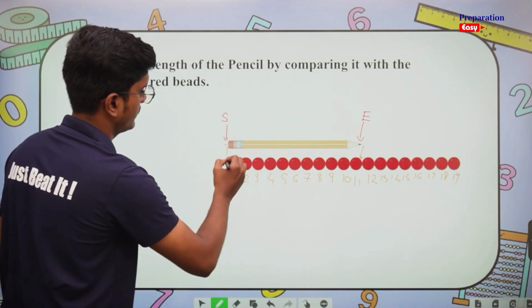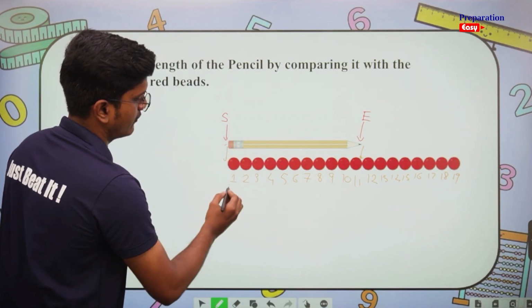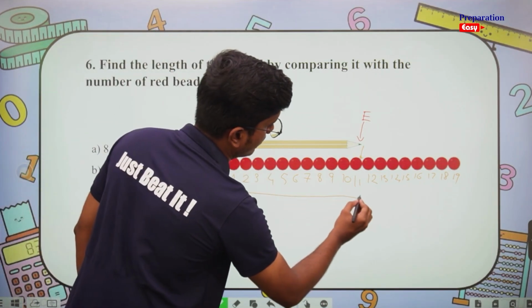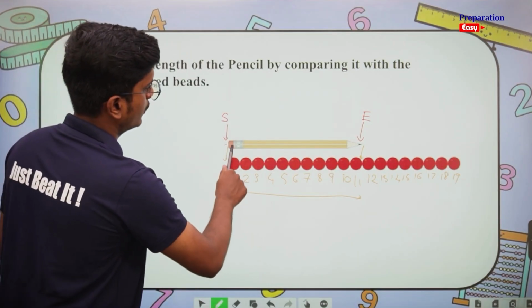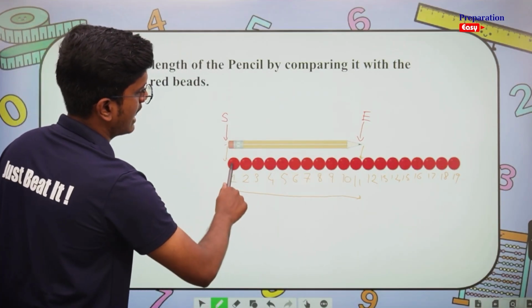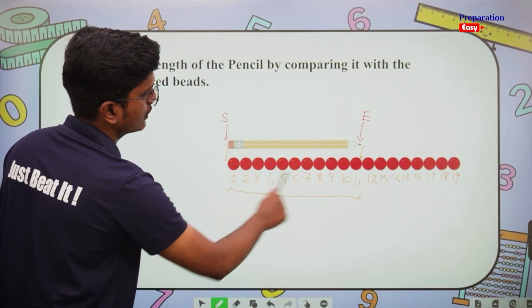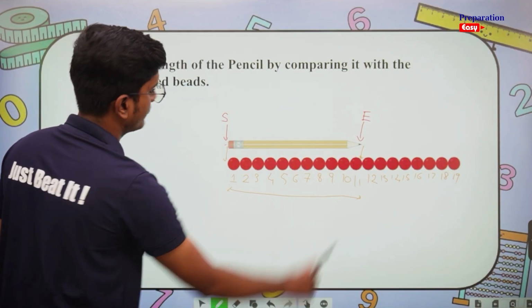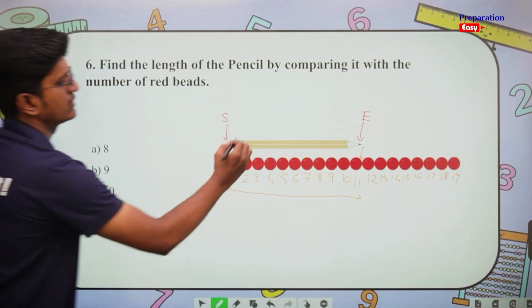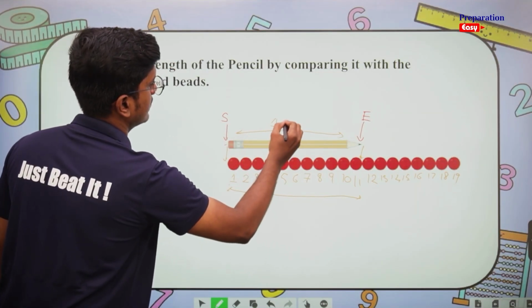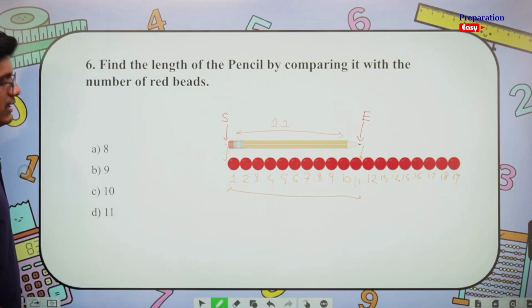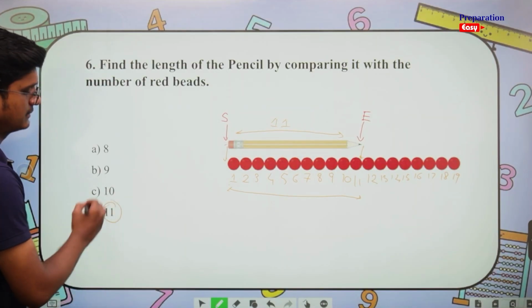We are starting from 1 and we are ending on 11. So the whole length of the pencil takes how many dots? 11 dots, from 1 till 11, right? The whole length of the pencil takes 11 red dots. So what's our answer? It's 11.